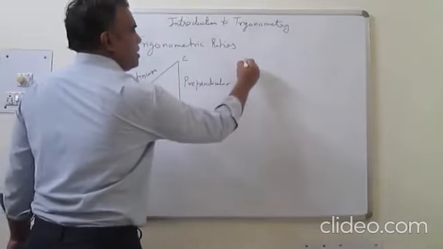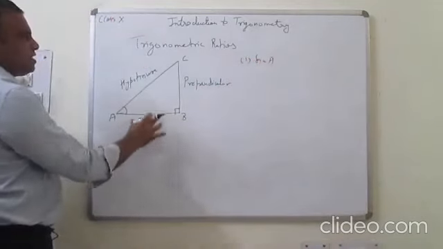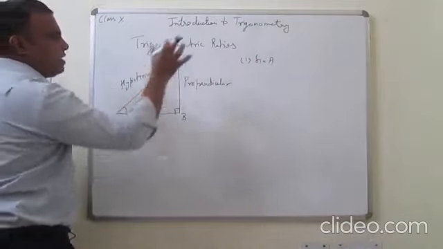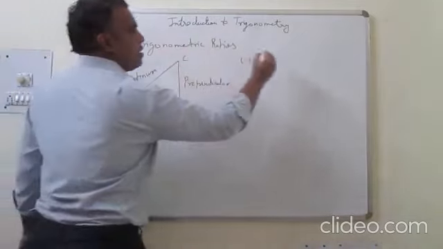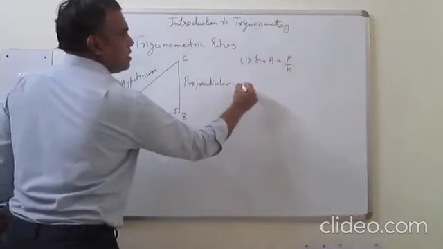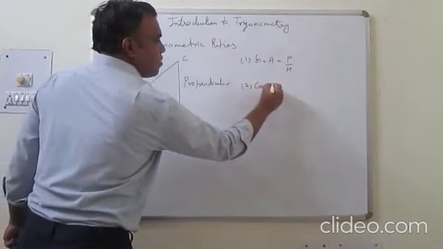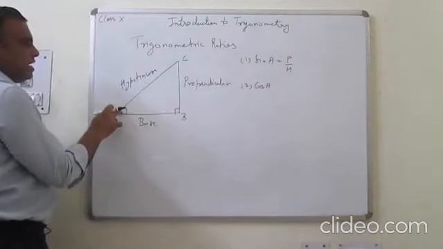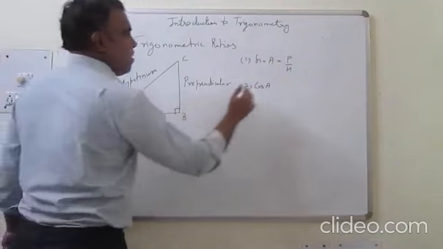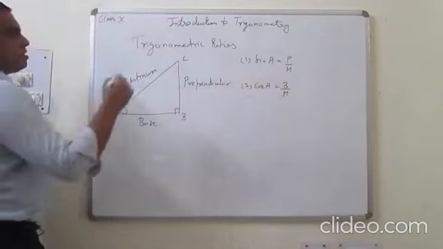Number 1, sin A. Sin A is the ratio of perpendicular upon hypotenuse. Cosine A, it is represented by cos A. Here I take angle A. So what is base? AB is the base. So base upon hypotenuse.